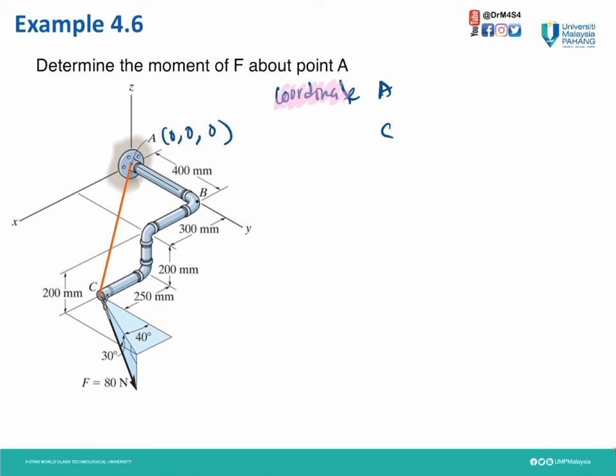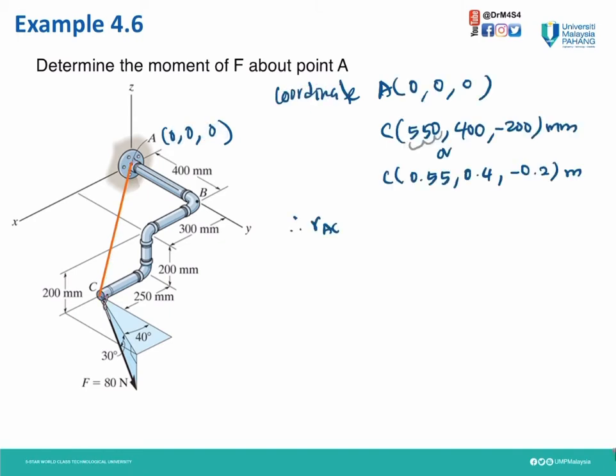For this question, we take point A as 0, 0, 0. Then we can identify point C. So this is the moment arm, or d. We find the coordinate for C on the x-axis from A: 300 plus 250, so 550.